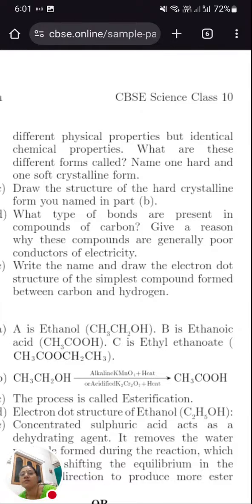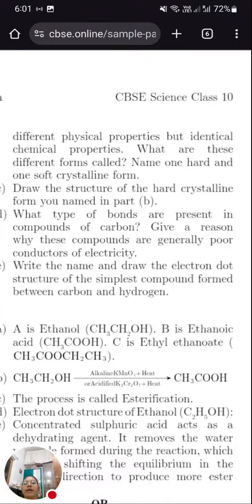All chemical properties will be the same because they are made up of carbon only. But coming to their physical properties, they are different. Now draw the structure of the hard crystalline form you named in part B. Those allotropes are diamond and graphite. Diamond is the hardest one and graphite is the softest one.